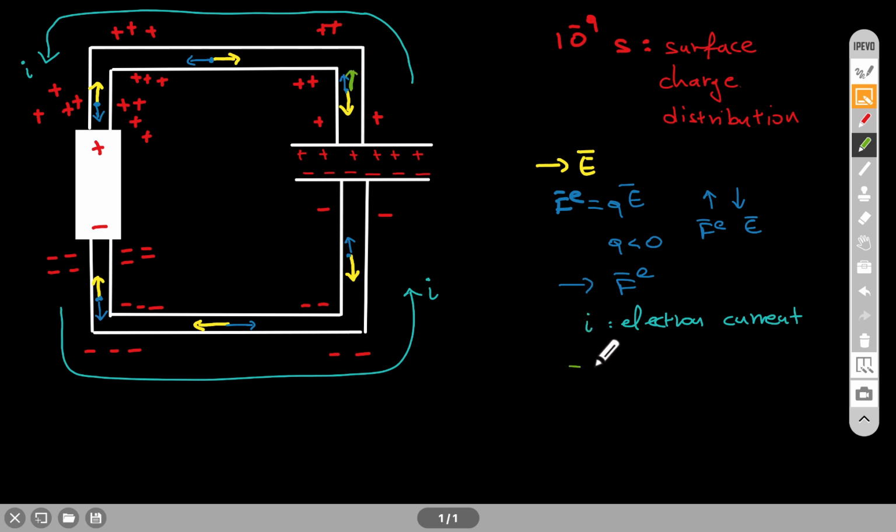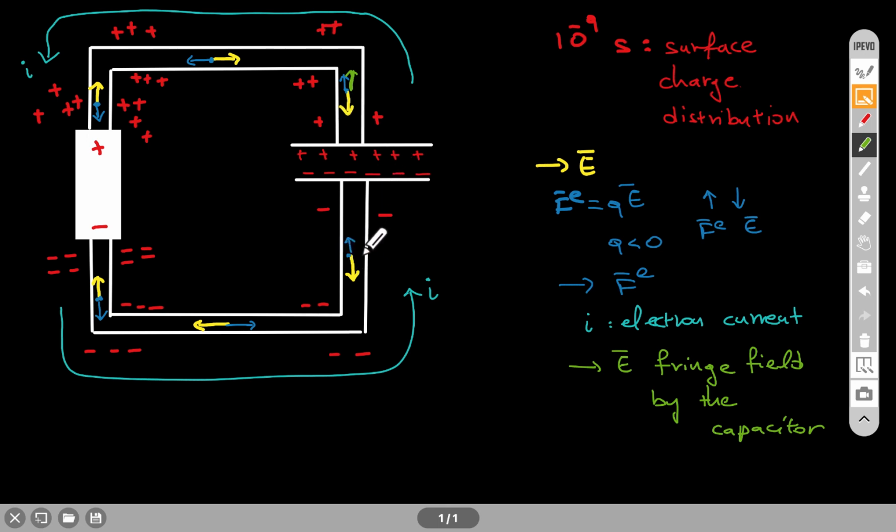So with this, I'm showing the electric field. We call this the fringe field created by the capacitor. Now, the fringe field from the capacitor is pointing in the opposite direction compared to the electric field created by the surface charges on the wire.